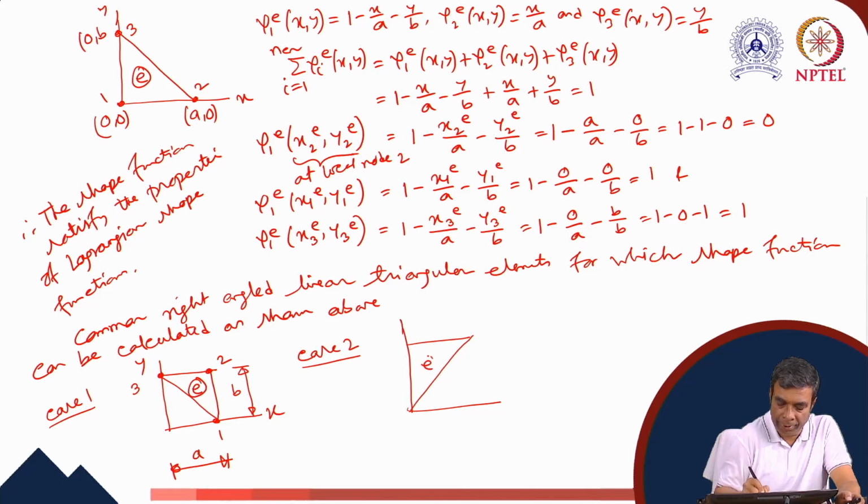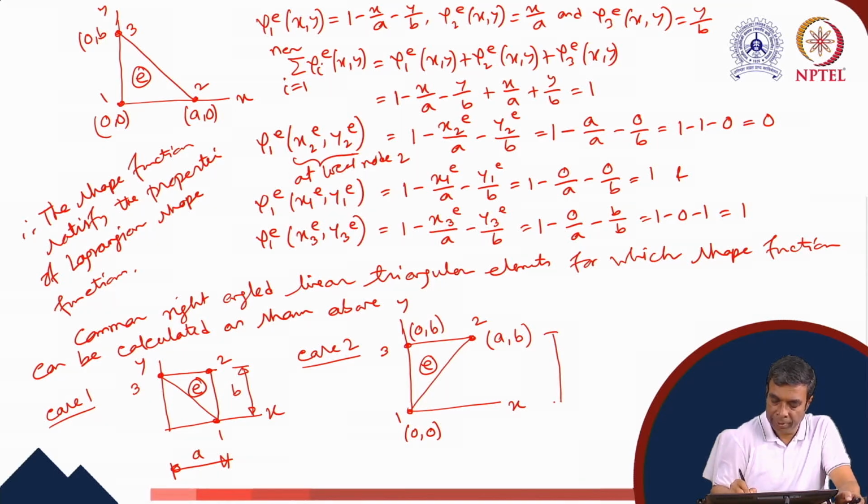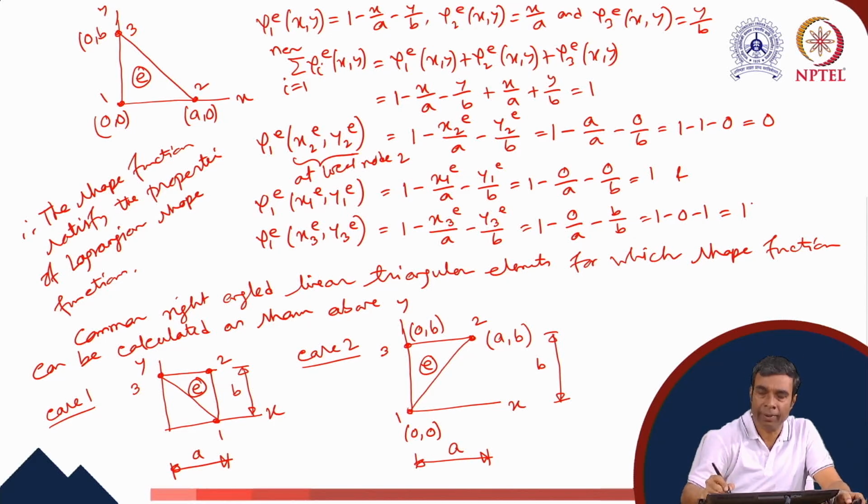This is element E, with local node 1, local node 2, local node 3. This is the x-axis, this is the y-axis. This is 0, 0, this is A, B, and this is 0, B. So this height is B and this length is A.